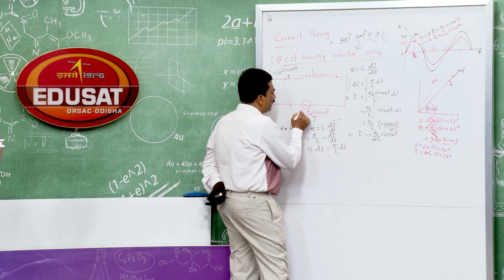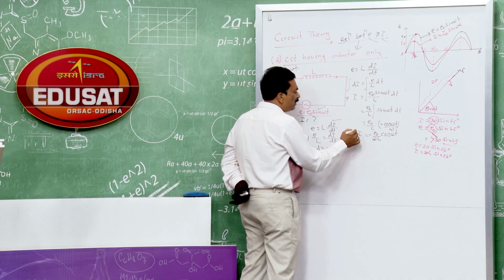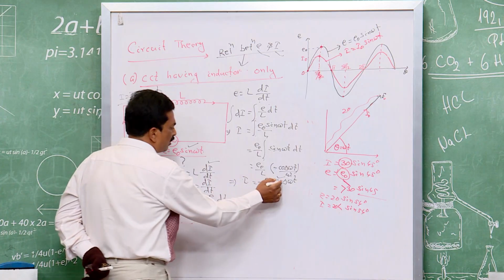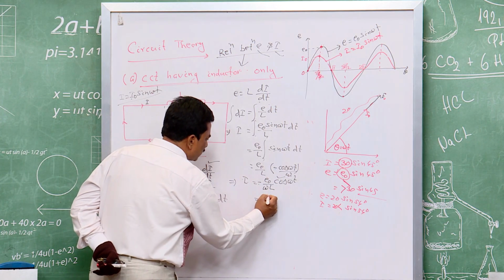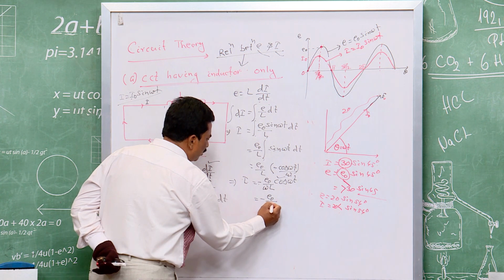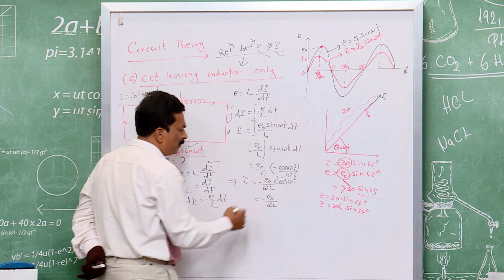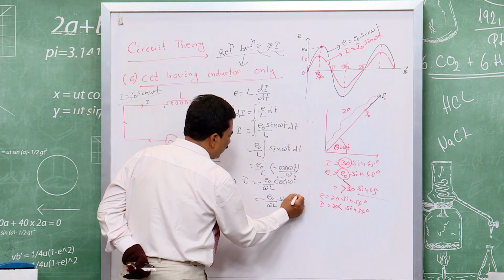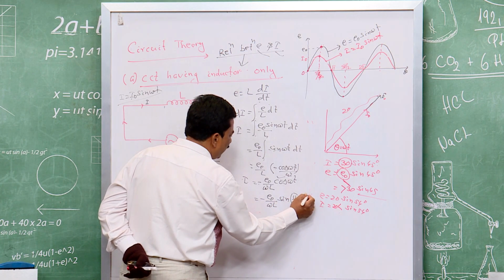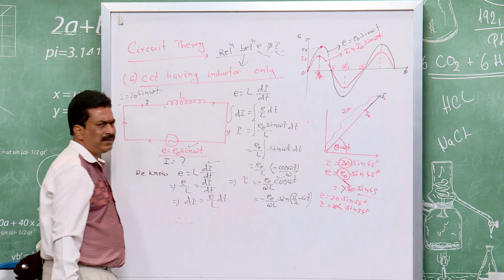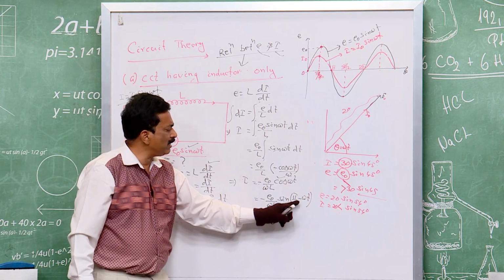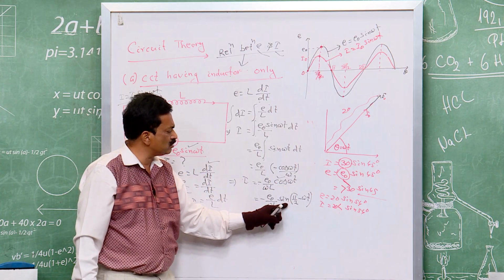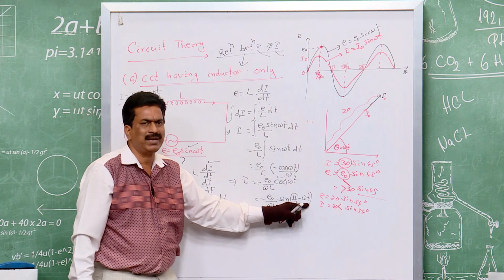So, here though E is a function of the sine, we will try to express the cos in terms of the sine. So, if the cos to be expressed in terms of the sine, that is equals to E0 by omega L or L omega, cos omega t will be sin 90 minus omega t. Sin 90 minus theta is equals to cos theta. So, cos omega t is equals to sin 90 minus omega t.